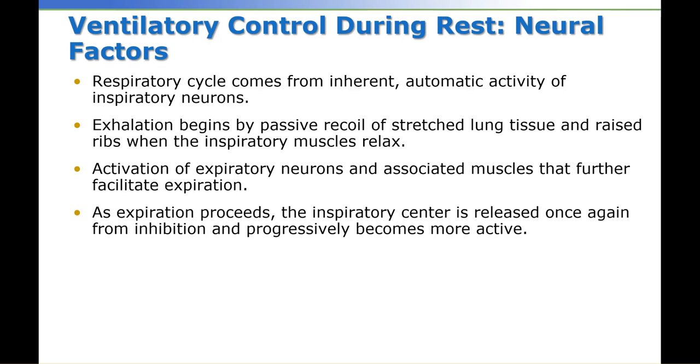So at rest, it's automatic, right? I mean, you don't have to think about breathing. Exhalation begins by passive recoil of stretched lung tissue and raised ribs when the inspiratory muscles relax.